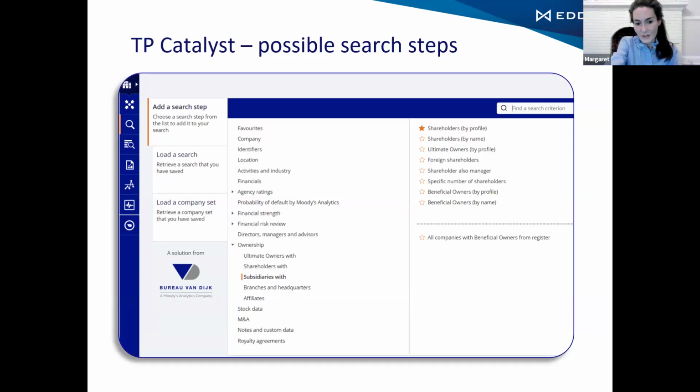I'm looking at ownership and subsidiaries, and on the right, you can see the expansion of that search criteria. We can walk through this in the tool unless there are any questions.